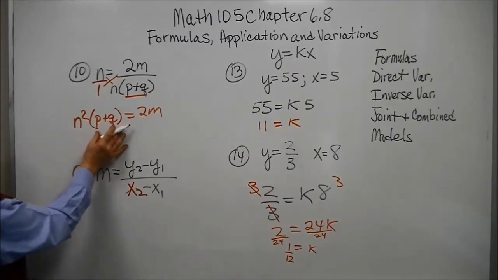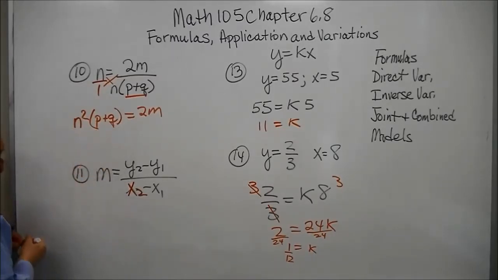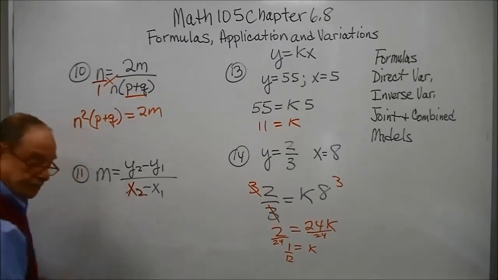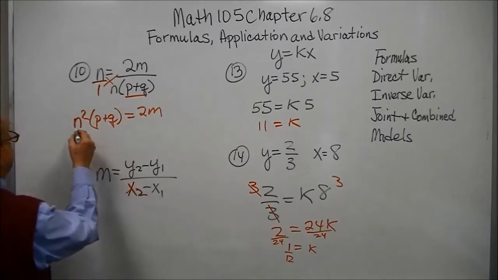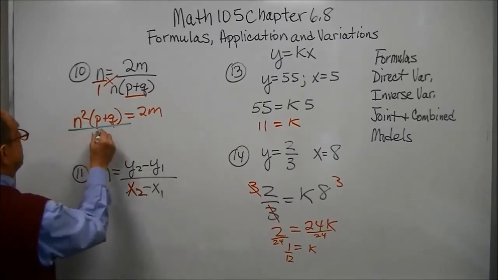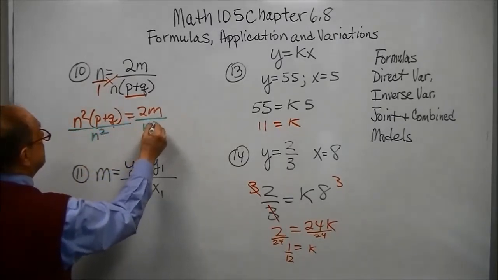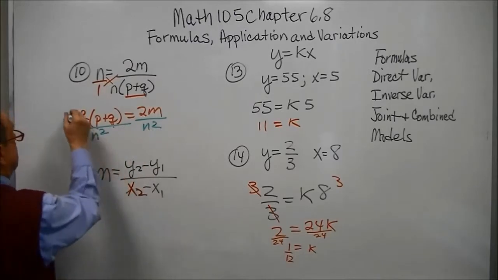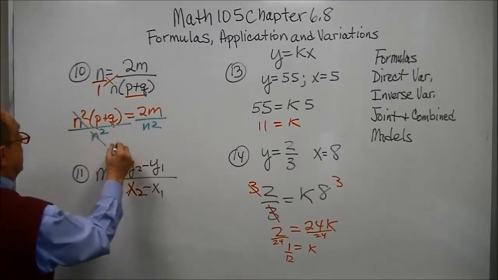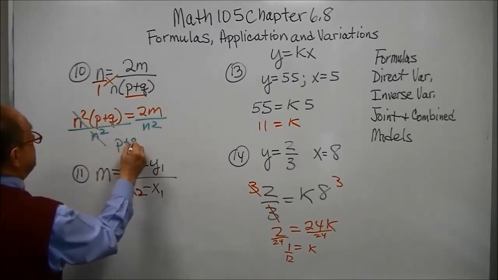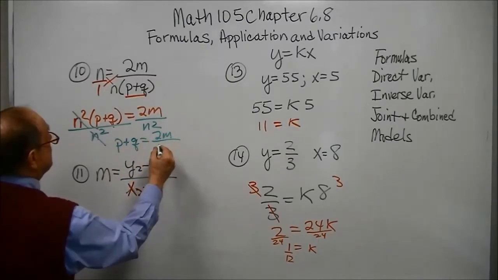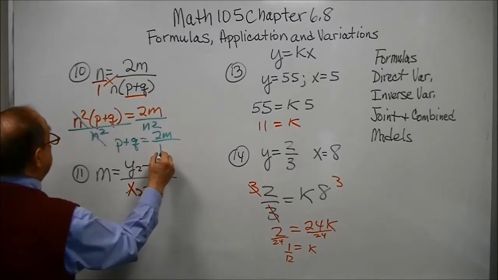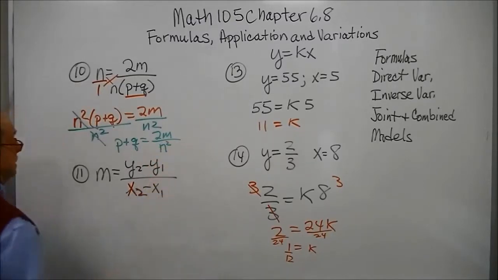And they want us to solve for PQ as a unit. So we just divide by n squared. And we get then P plus Q equals 2m over n squared. Oh, that wasn't too bad.